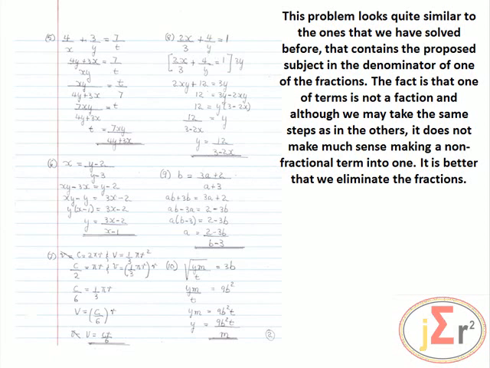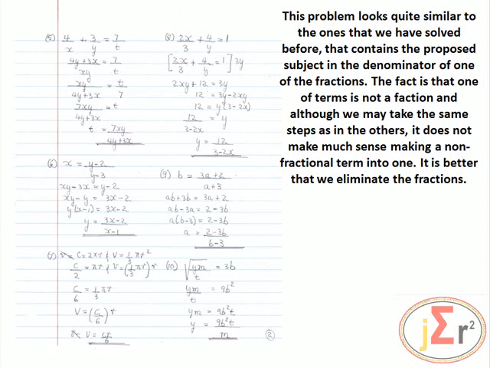The fact is that one of the terms is not a fraction, and although we may take the same steps as in the others, it does not make much sense making a non-fractional term into one. It is better that we eliminate the fractions. So do not convert this into a fraction and then manipulate fractions.